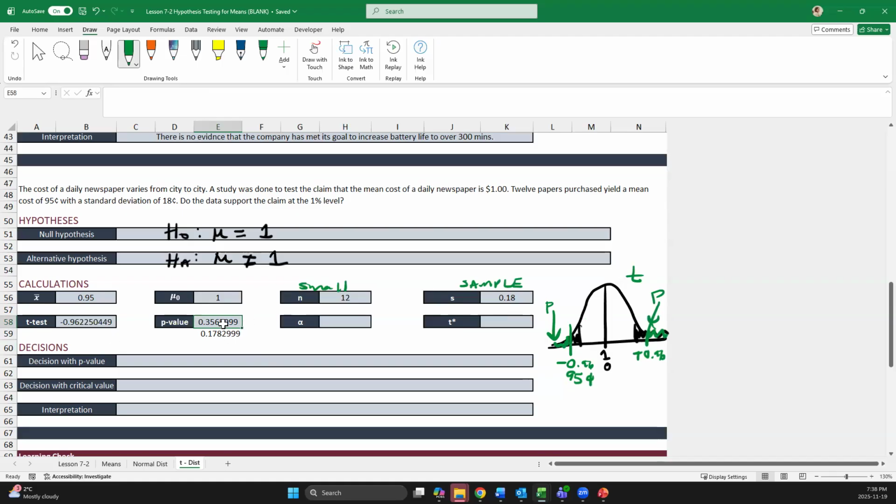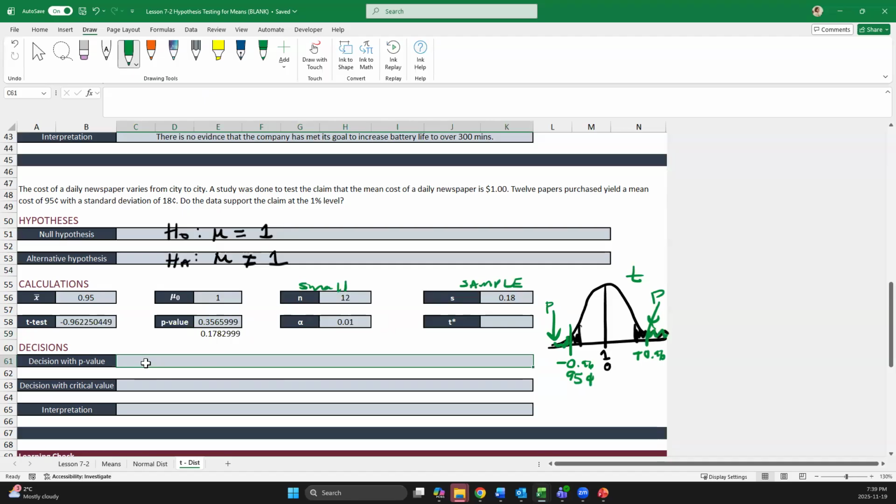When you have the value in both tails, 0.356, so this and this added together instead of just one tail at a time, you can directly compare your p-value to the value of alpha, because the value of alpha would also be split between the tails for a two-tailed test. So if you use the t.dist.2t function, just remember to use absolute if you have a negative, like I had forgotten to do, so that it gave me the num error.